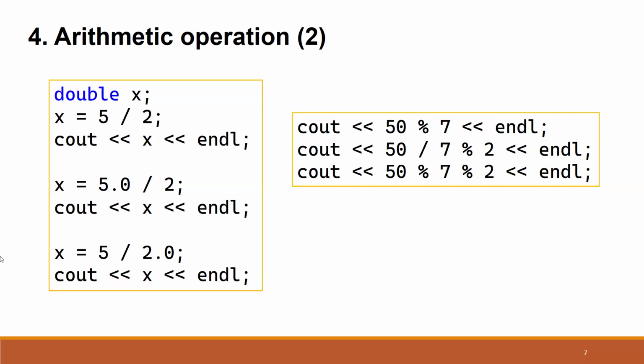Okay, how about this one? Let's talk about this one first. What is the output of this one? There are 3 cout statements. What is X here?